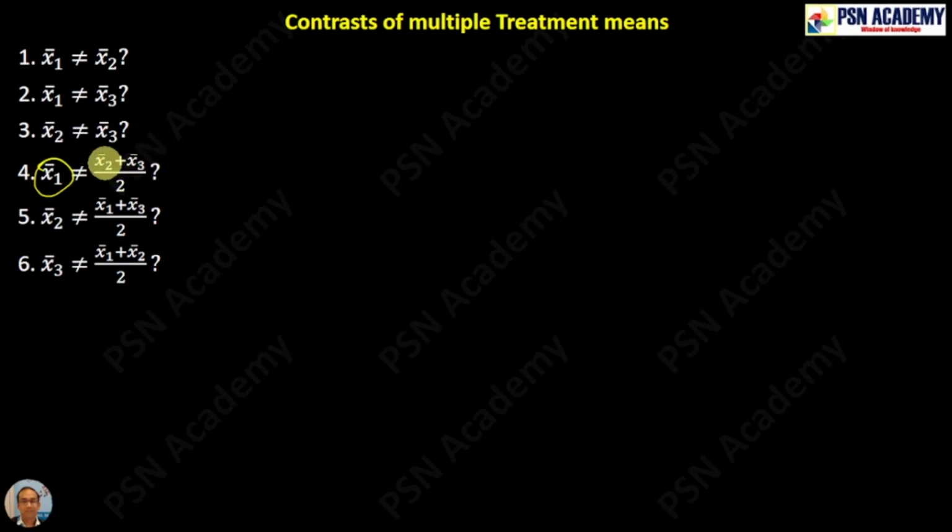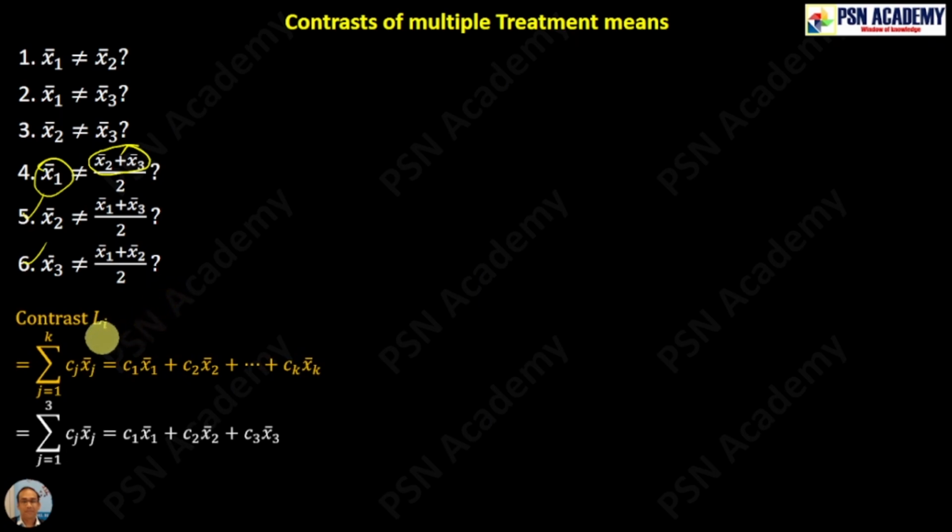That means you add these two means, x2 bar and x3 bar, divide by 2, and compare that mean whether it is equal to x1 bar or not. Similarly, the fifth one and sixth one will also be there. So these are the questions you may have, right?